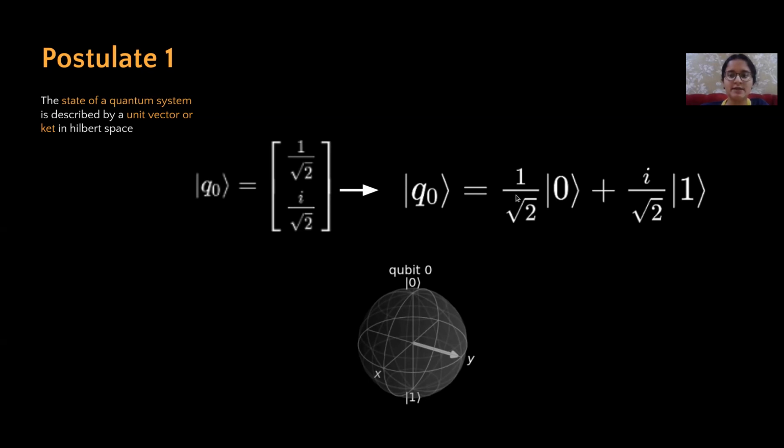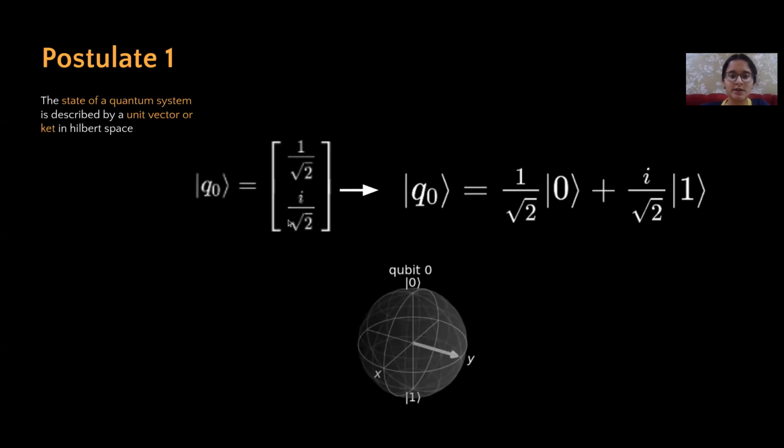So when we multiply these coefficients with them and sum them together, we get a column matrix like this, wherein these are amplitudes, which can be complex numbers. And when we take their magnitudes and square them and then add the two, we get a sum of 1. And why this is so will be explained in a postulate that is coming next.